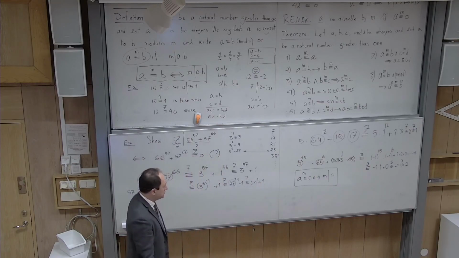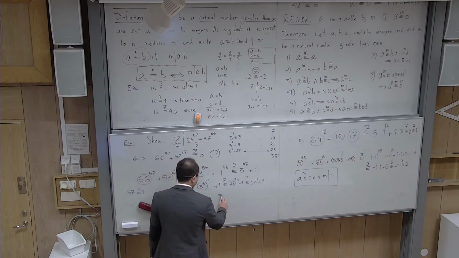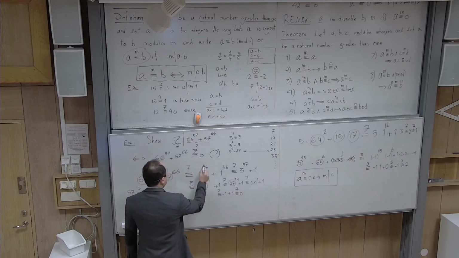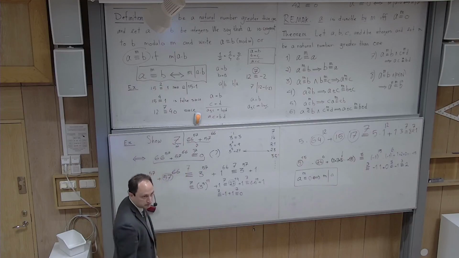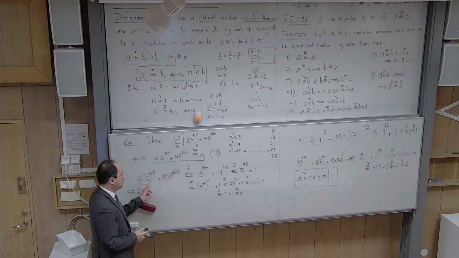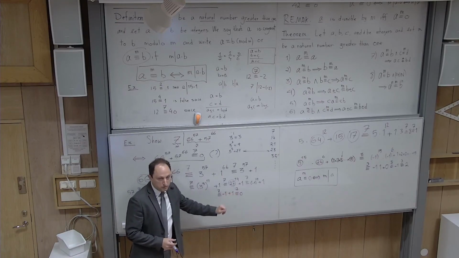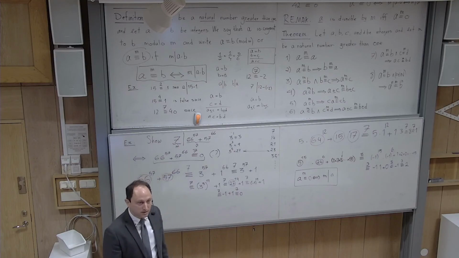But now this is again simple. -1 to power 19 is -1, plus another 1, which becomes 0, modulo 7. So we started from this number, and by doing this kind of reasoning, I was able to show that this is congruent to 0 modulo 7. So this means that this is divisible by 7.